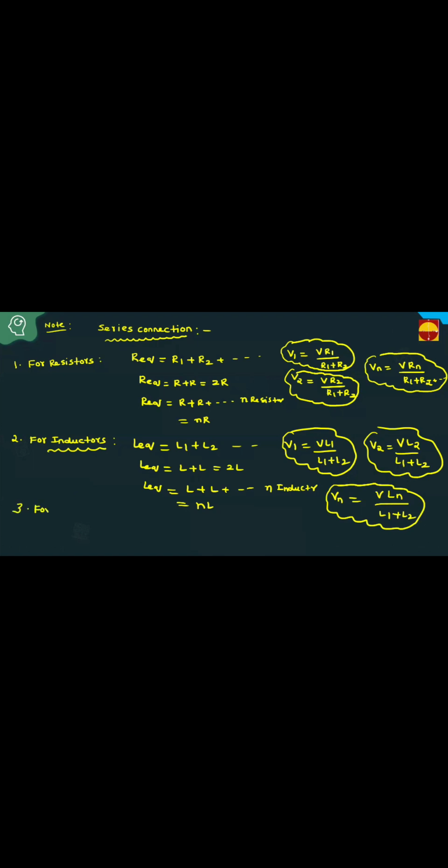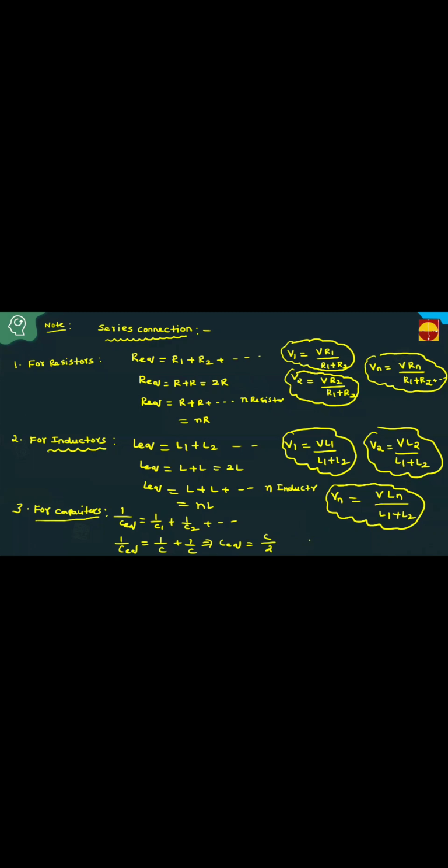For capacitors, 1 by C equivalent equals 1 by C1 plus 1 by C2 plus and so on. Two equal capacitances in series: 1 by C plus 1 by C, that is 2 by C, that is C equivalent equals C by 2.